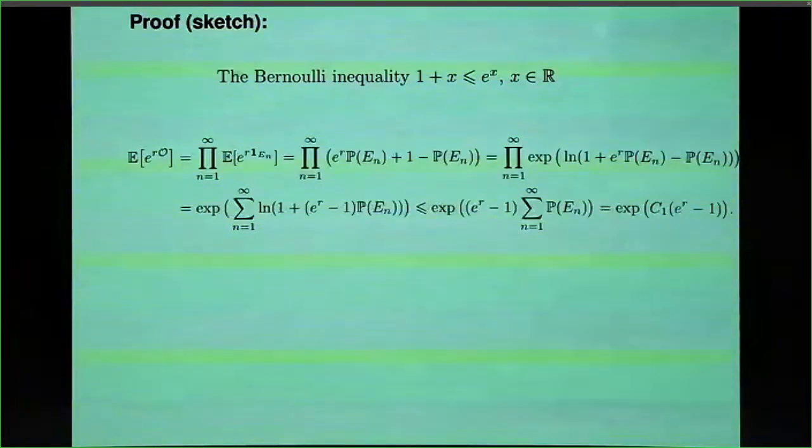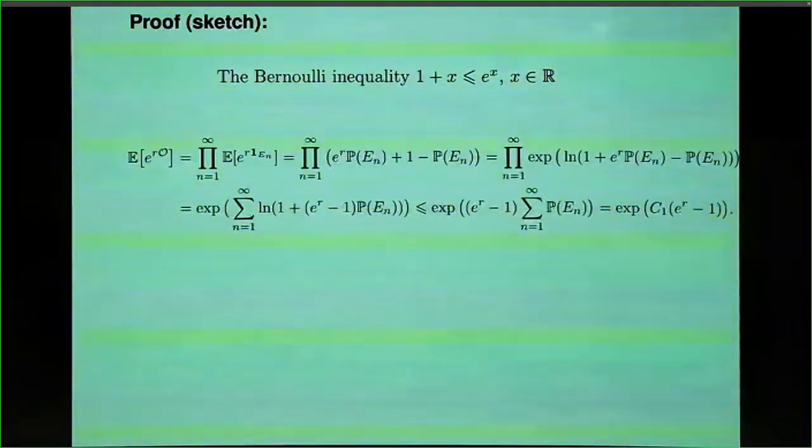And what we get here is some linear estimate, the logarithm of 1 plus something. Here we just estimate it by the sum. And what we get here naturally is the sum, so we can just pull back the sum. So there is no dependence on the ends here. So we have e to the r minus 1, this is an elementary estimate, and what we get here is the sum over the probabilities.